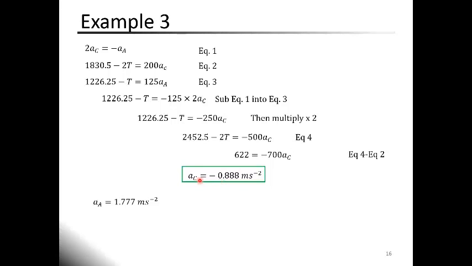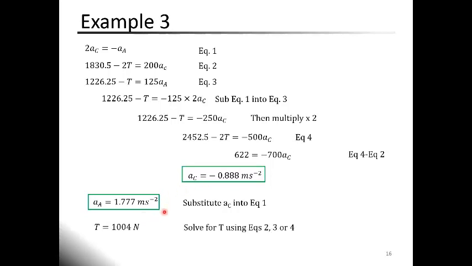Again, because we have a relation between the acceleration of the log and the acceleration of the block, we can substitute this acceleration into the first equation to get the acceleration AA, which is 1.777 meters per second squared. And then we can substitute these two values into one of the equations, 2 or 3 or 4, to get the tension, which is 1004 newtons. This way we've got the acceleration of the log AC, the acceleration of the block AA, and the tension.